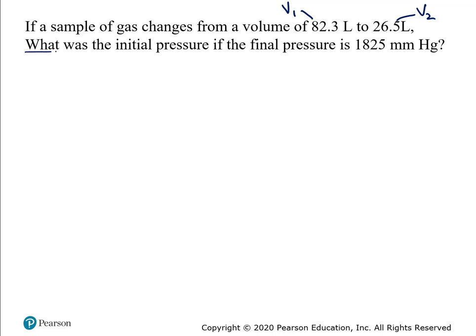What was the initial pressure? Usually in the second sentence or the second half, when you see the "what was" kind of thing, that tells you what to find. Initial pressure, I need to find P1. I don't know what that one is. But the final pressure is 1,825 mmHg, so that is P2. Read through the question and underline any numbers. If there's millimeters of mercury or ATM, then you know it's pressure.